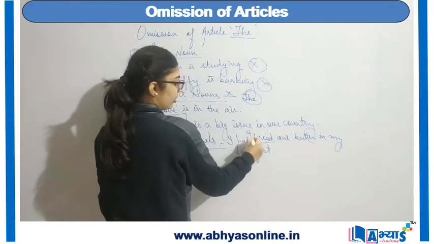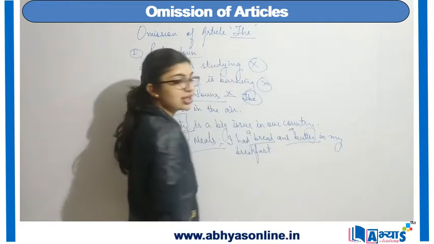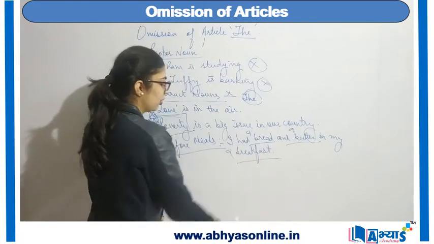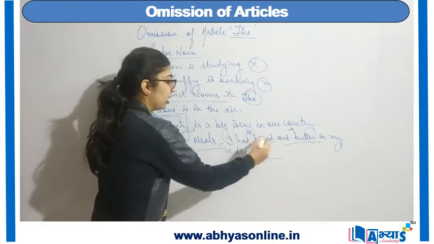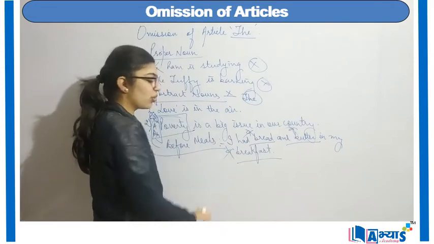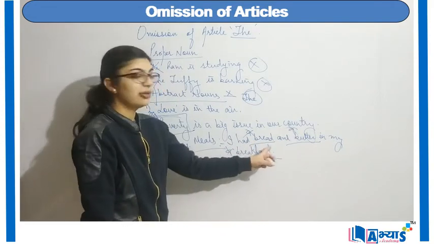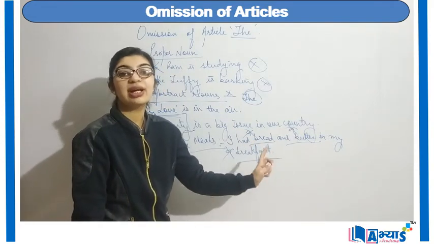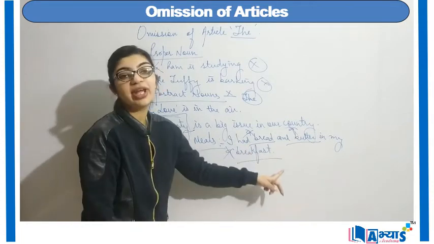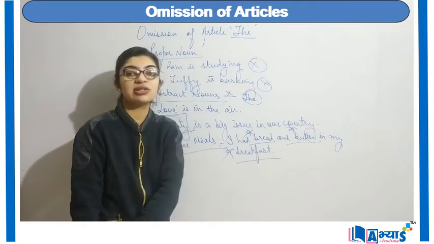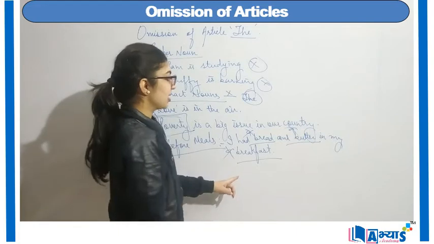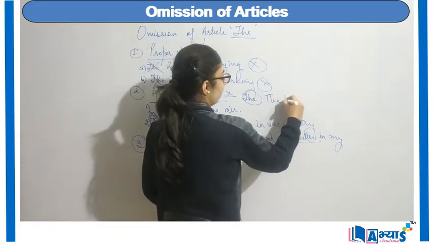Now bread, I will not say a bread; butter, and I will not say a butter, or a breakfast. A bread is wrong, a butter is wrong, a breakfast is wrong. A bread is wrong. Why? Because I will say a piece of bread. The bread is wrong. Again I'll say a piece of bread. Right? Yes.